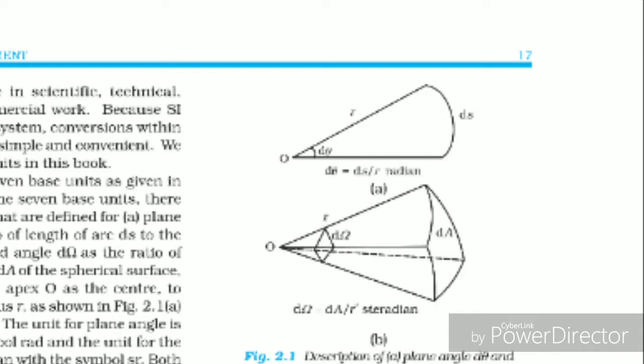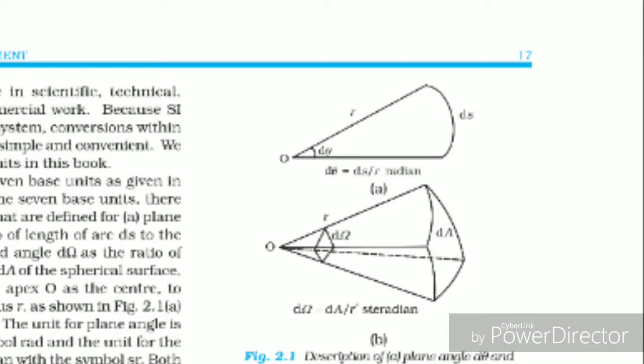If we take a circle of radius 1 centimeter and cut a sector with an arc length of 1 centimeter, we get a central angle of 1 radian. So theta equals the length of the arc divided by the radius of the circle. Next, the SI unit of solid angle is steradian.